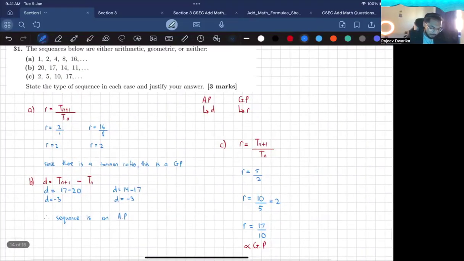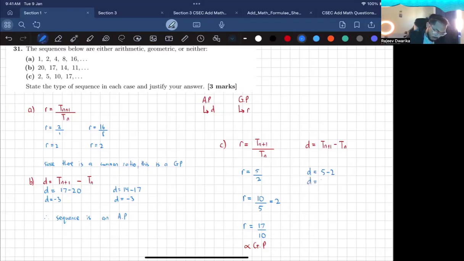All right. Amy, let's check if it's an AP. The formula for an AP would be D is equal to Tn plus 1 minus Tn. So D would be equal to, we could say, 5 minus 2, which is 3.